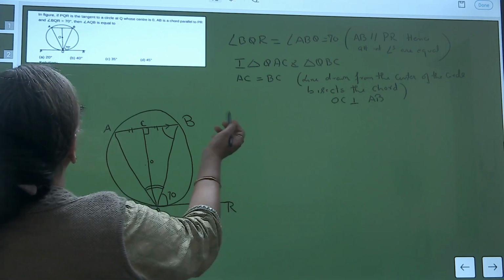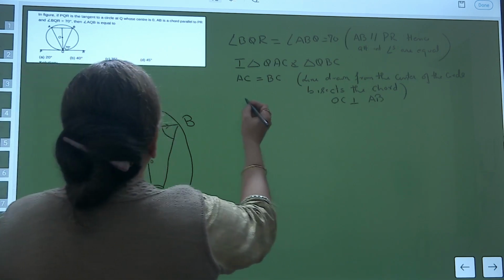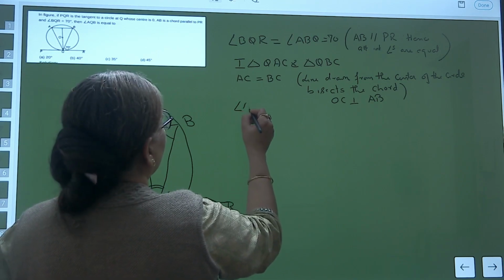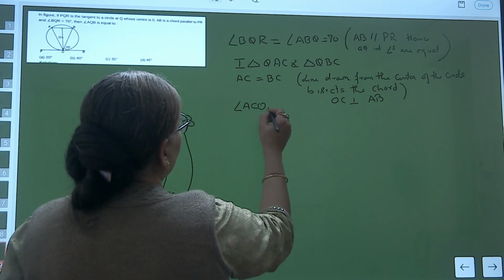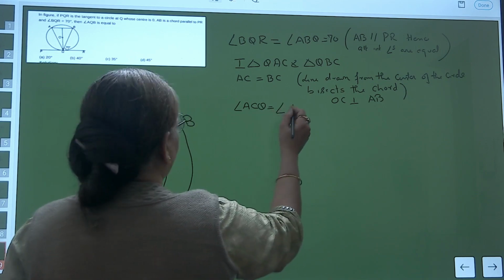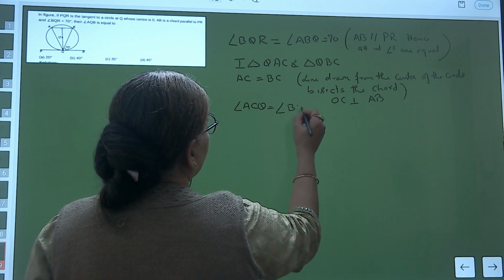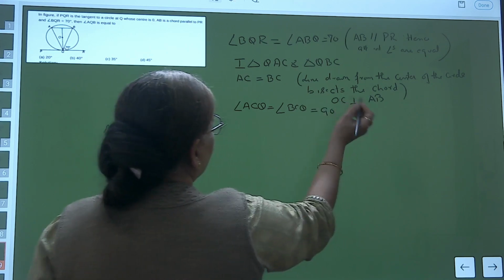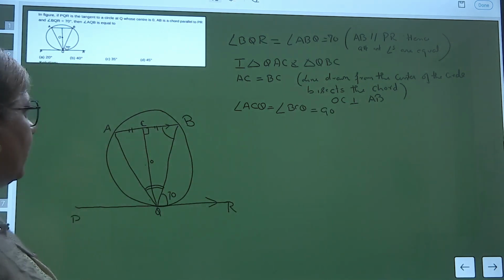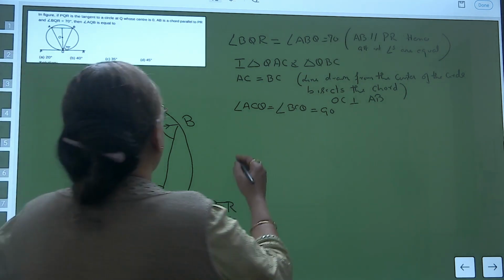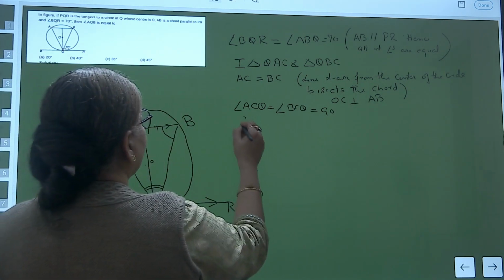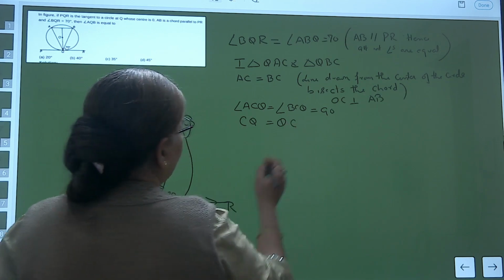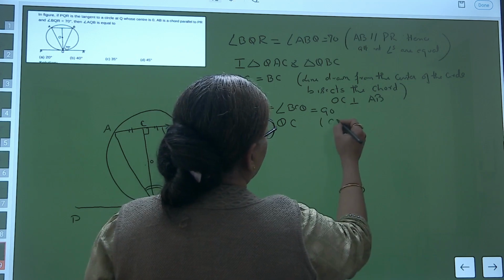Okay. Now we can write angle ACQ is equal to angle BCQ. Both are equal to 90 degrees since OC is perpendicular to AB. And CQ is equal to QC, common side.